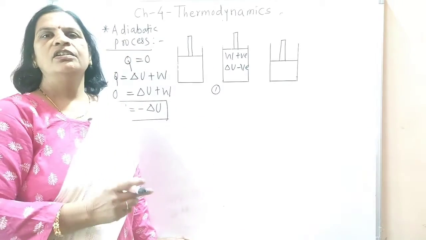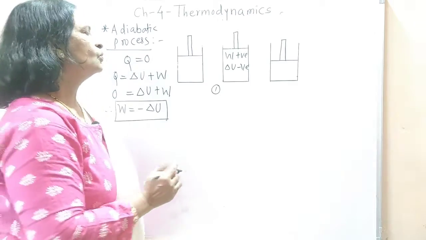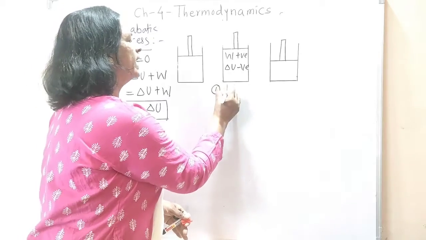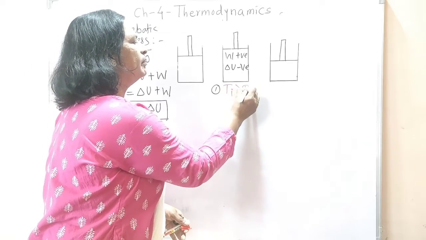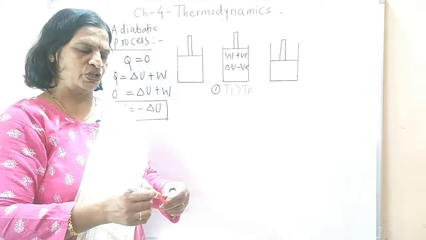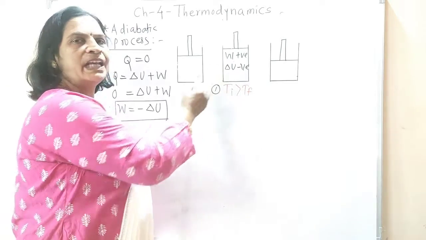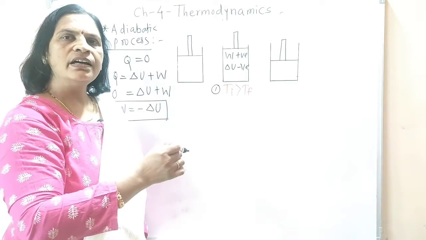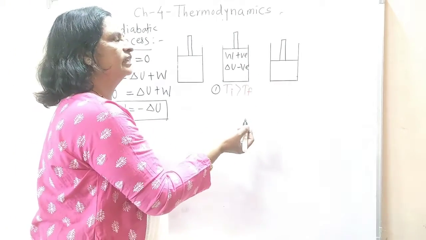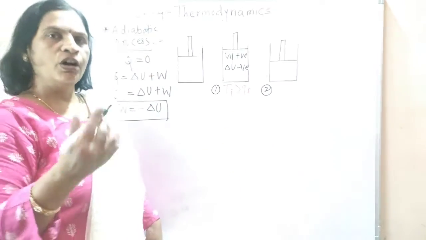And when adiabatic expansion is there, work done is positive, change in internal energy is negative. And we know that when expansion is there, gas cools down. Gas cools down means initial temperature should be greater than the final temperature. This is the condition for adiabatic expansion. Then when adiabatic compression is there, work is done on the gas.